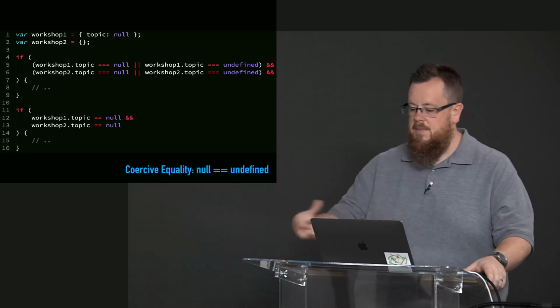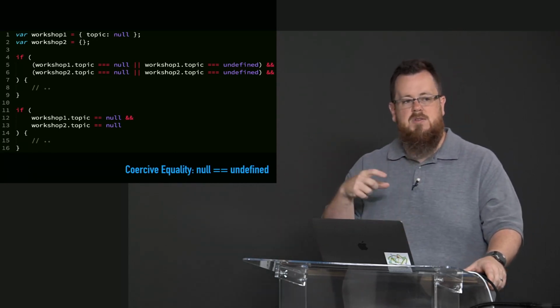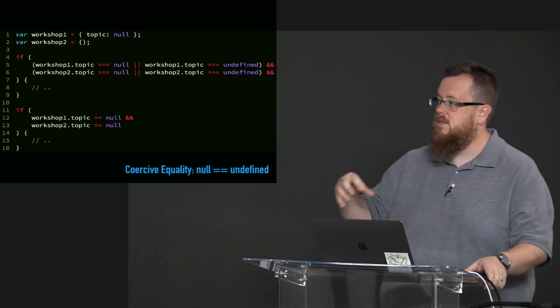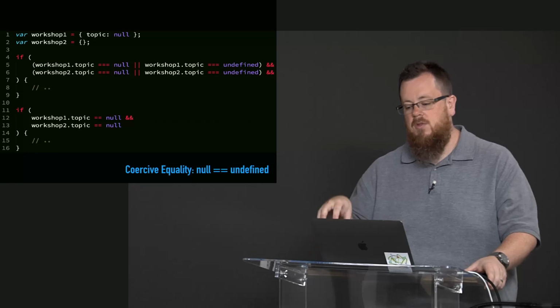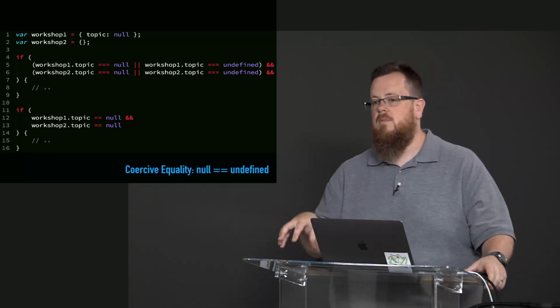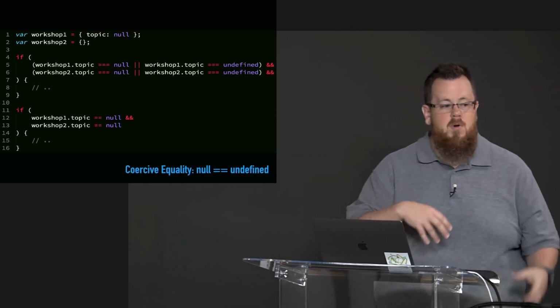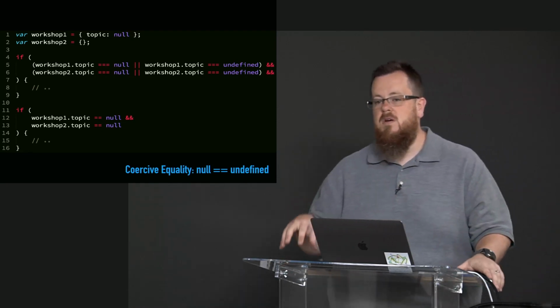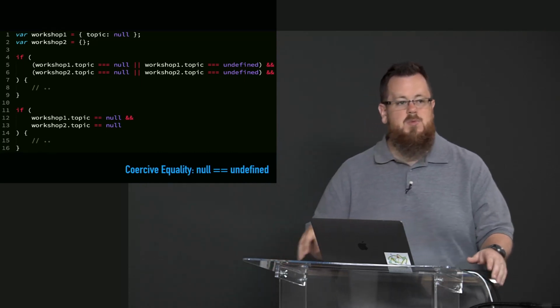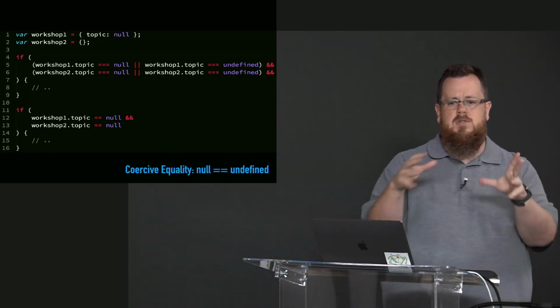Because I know that the double equals coercively checks null and undefined equal to each other. And my claim is that lines 11 through 14 are not only functionally equivalent code, but that it is better code because it is more readable. And remember how I define better: the reader is focused on the more important thing. The less important detail is whether it was null or undefined.